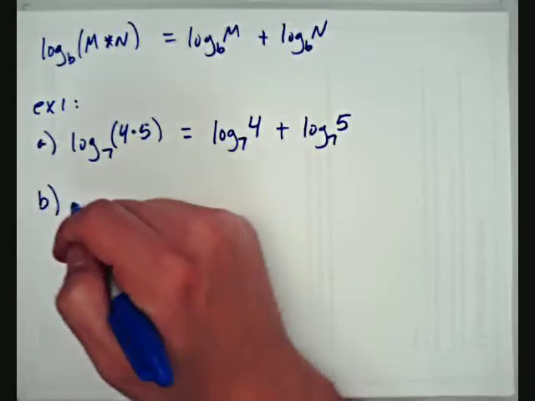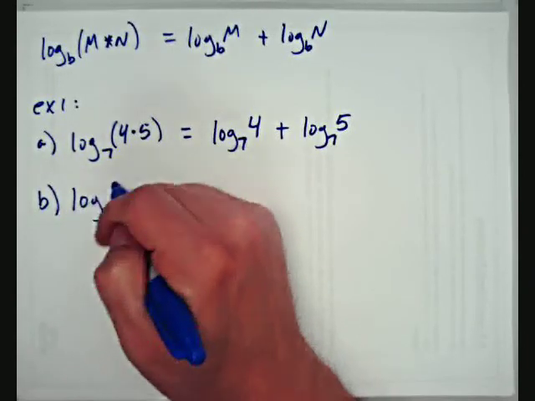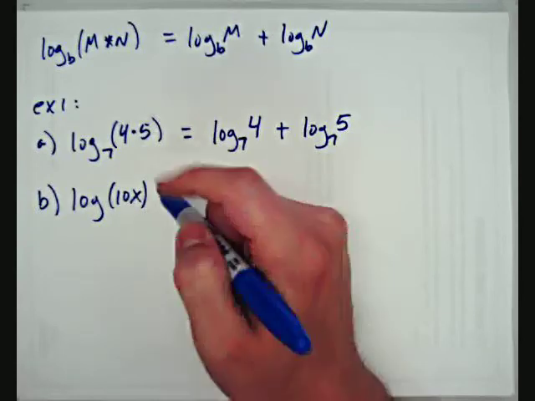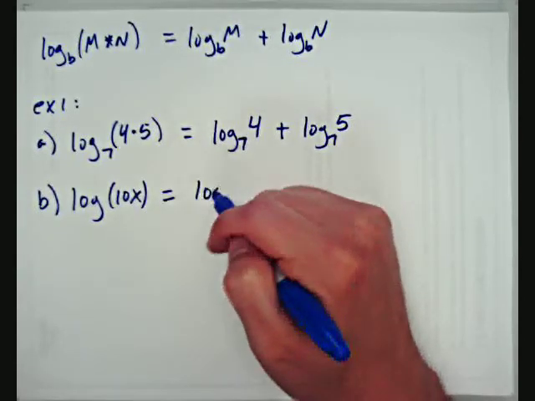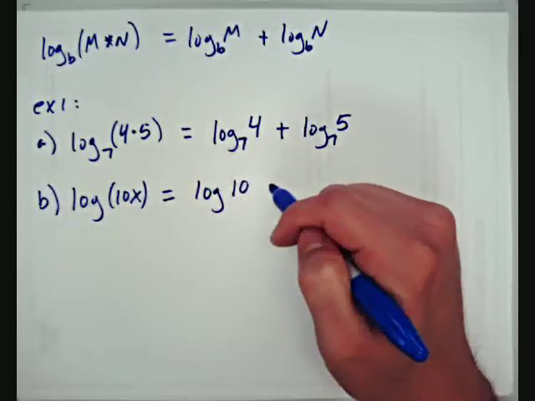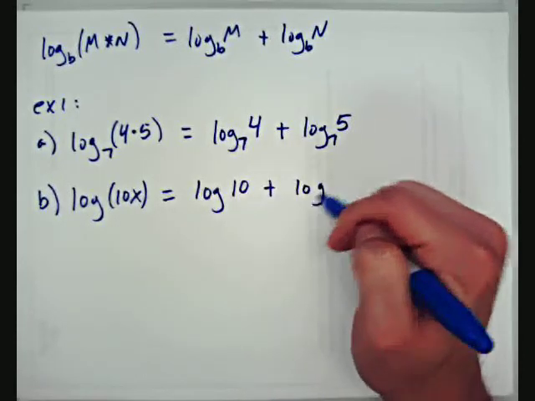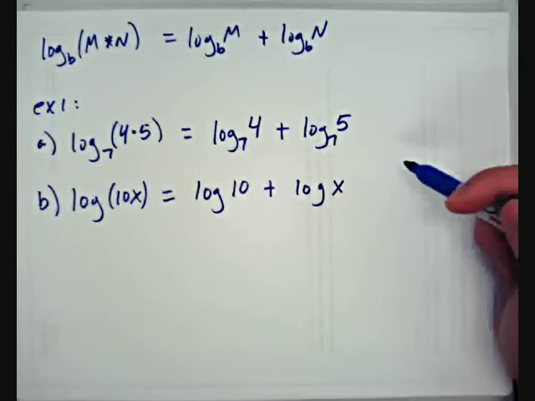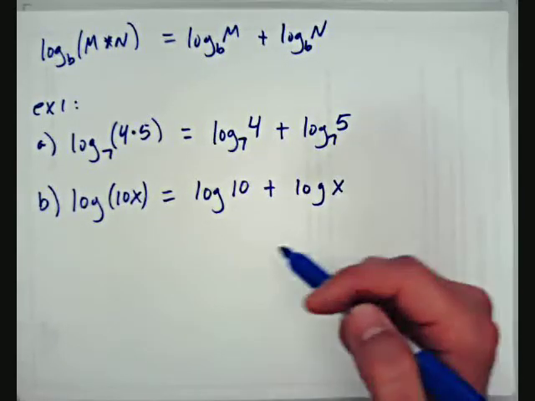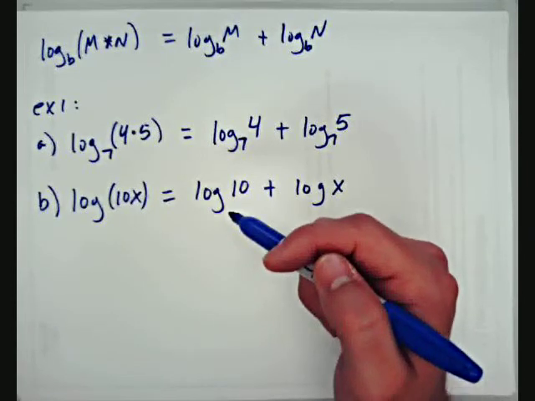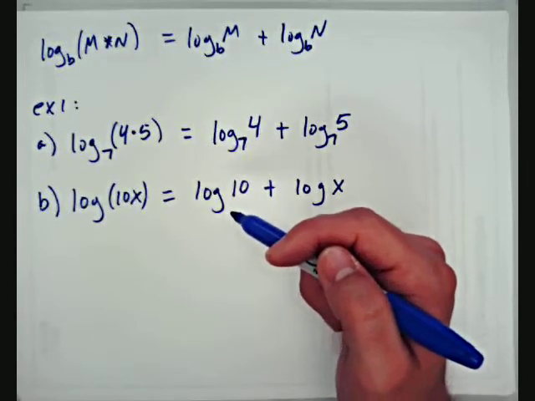Example 1b, the log of 10x. The product property says we can split this into the log of 10 plus the log of x. And this one can actually be simplified further. Remember that if you have log with no base, then it's implied that the base is 10.